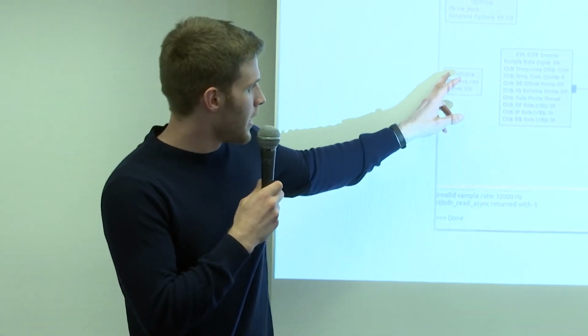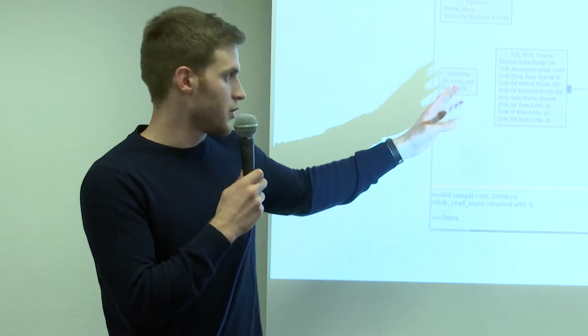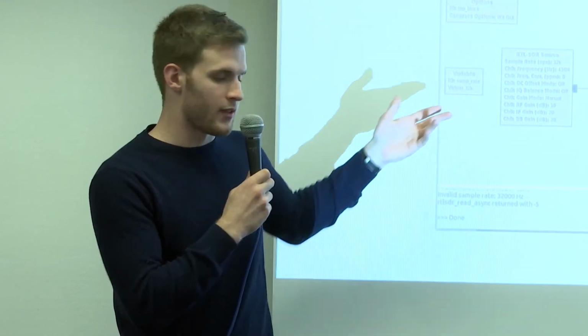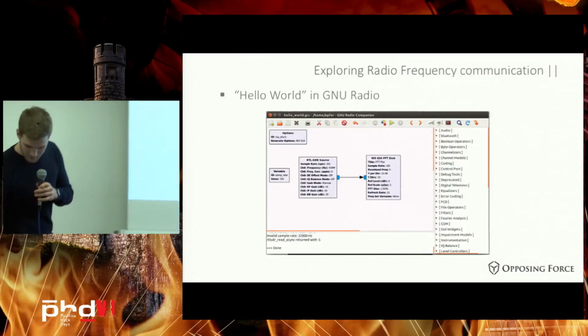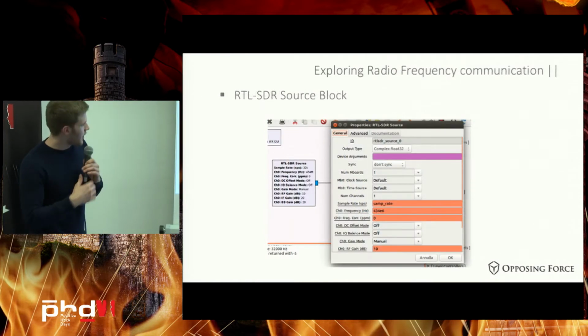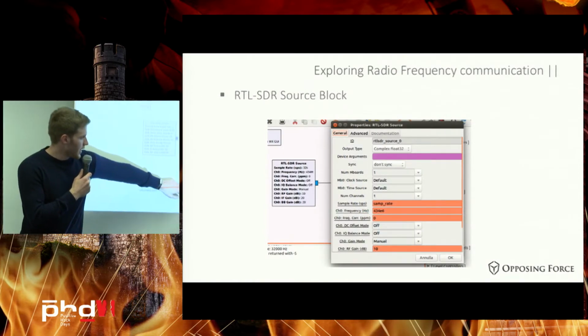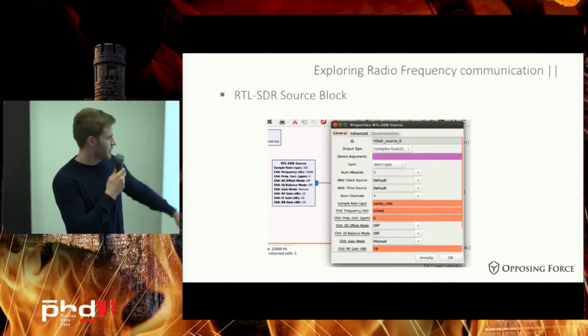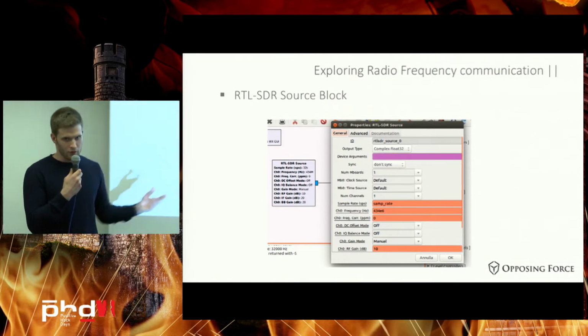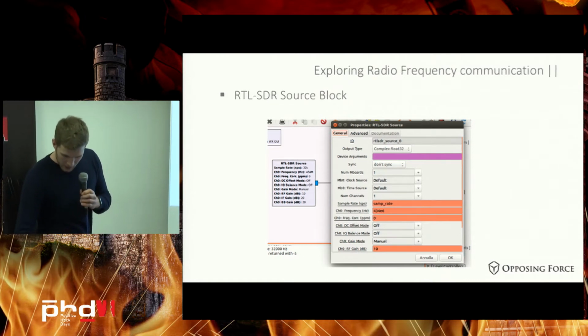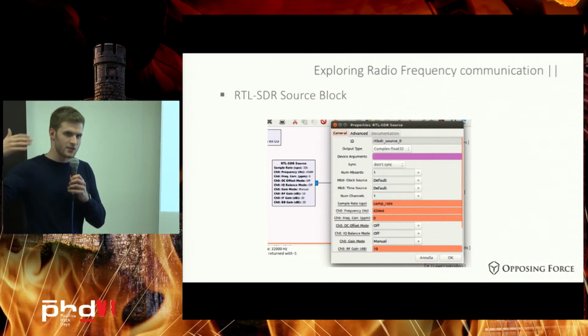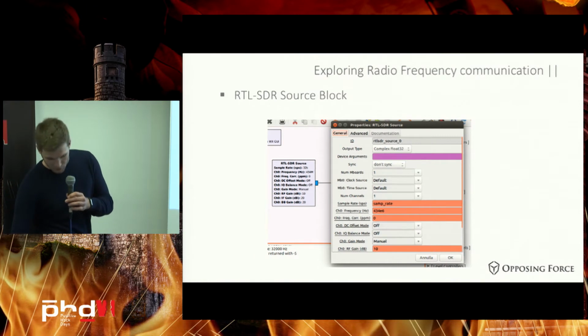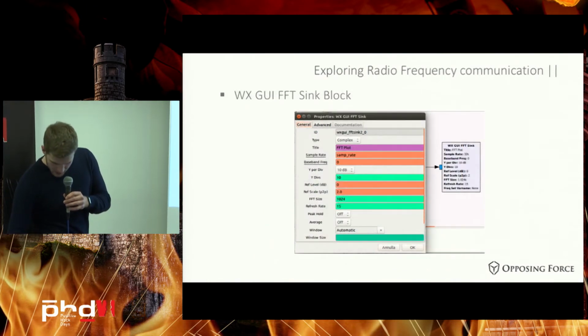In this way, if we modify this variable, every other block which is using this variable will change the value as well. And then we have the gain. The gain with the RTL SDR dongle can also be set in automatic mode, which is very convenient. It automatically adjusts the gain with the signal it is getting from the air.